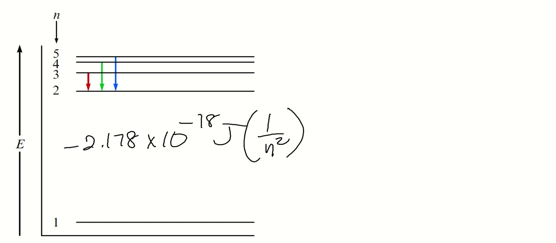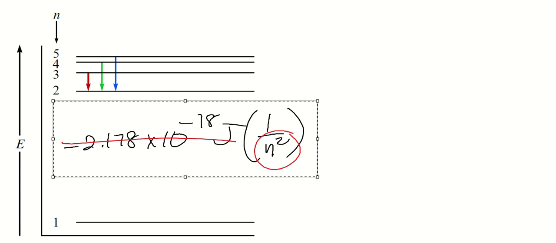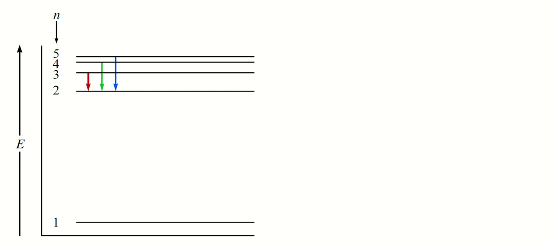If you notice in this equation, the prefactor doesn't change. That's a constant. The only variable is n, in the denominator of this multiplier, so that's all we need to focus on. We're just going to compare the 1 over n squared part.